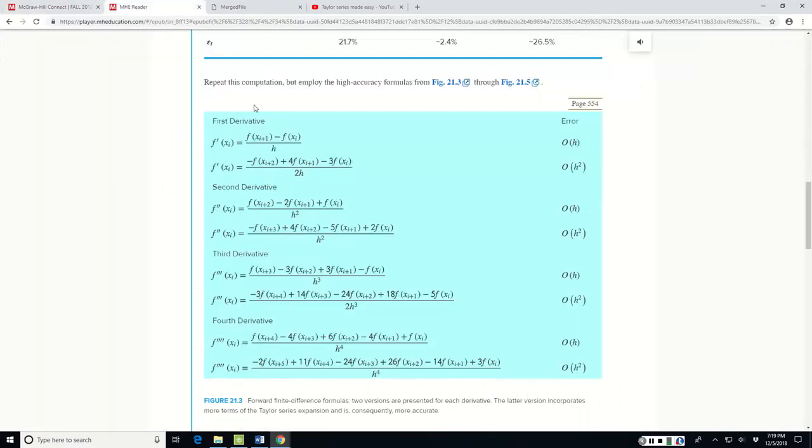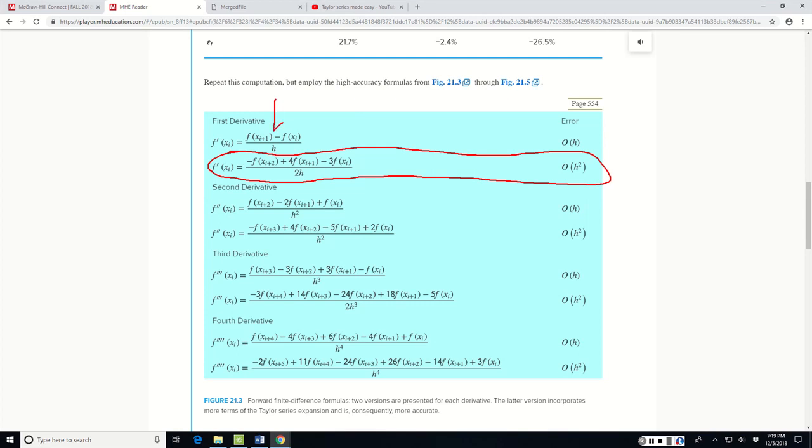And that's what you see in this table here. The difference with this equation is they kept an extra term of the Taylor series, the second order derivative term, and to evaluate that term, they used this low order accuracy equation for the second derivative, and they just plugged that in to get this equation.